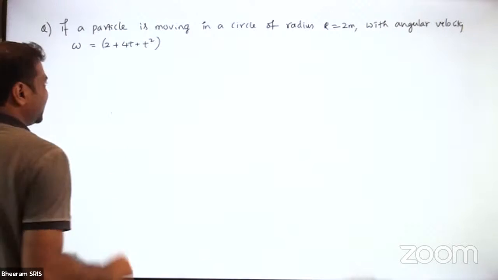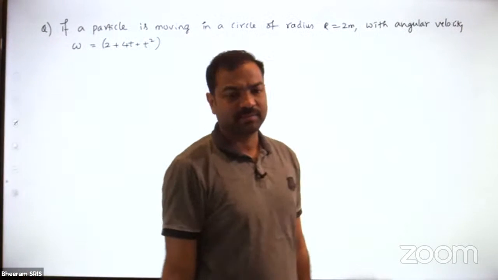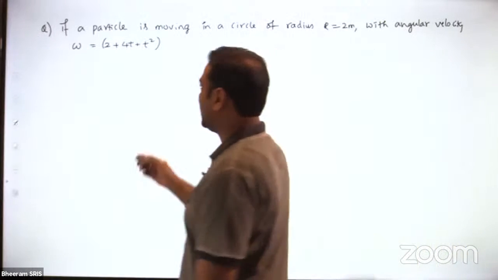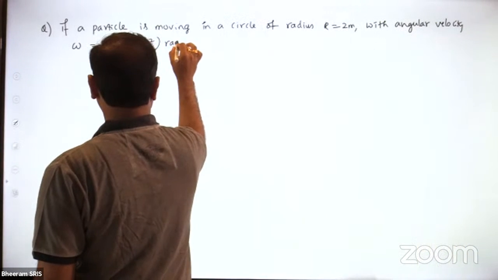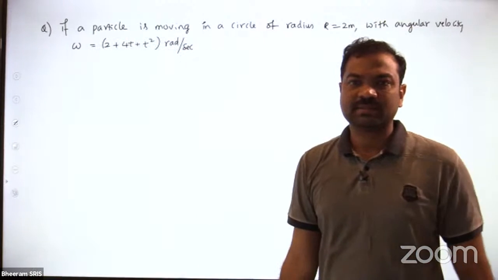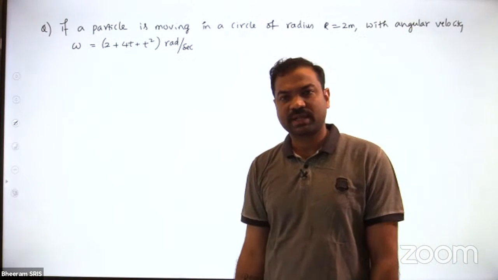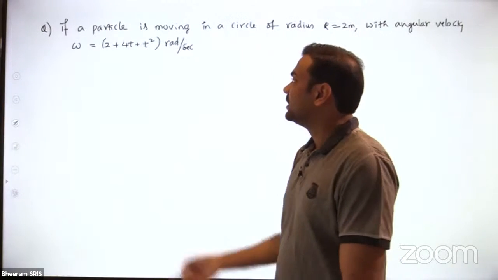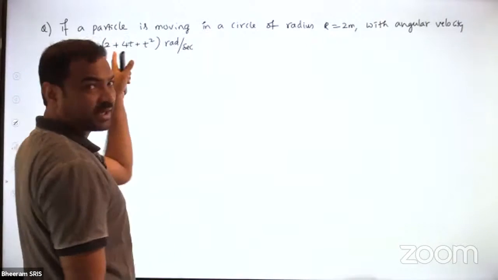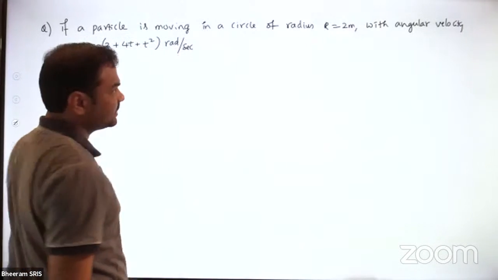Okay, now I have given the angular velocity as a function of time. Angular velocity units are radian per second. Angle rotated by time, no? Angle is in terms of what? Radians. Radian per second will give you angular velocity. So that is the unit of angular velocity. Okay, na? So angular velocity is variable with time. As the time changes, angular velocity changes.